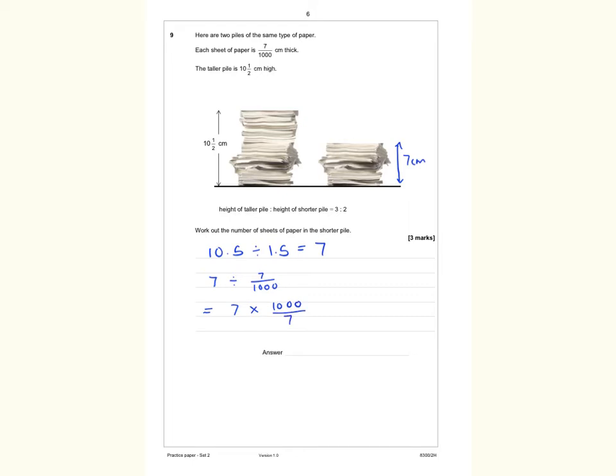And you must remember that this 7 is really the same as 7 over 1. Then these 7s will cancel out, and I'll have a 1 left there and a 1 left there. And then that at the end is just 1000. So what we actually worked out was 7 centimeters divided by this thickness. So that tells me there's 1000 sheets of paper.